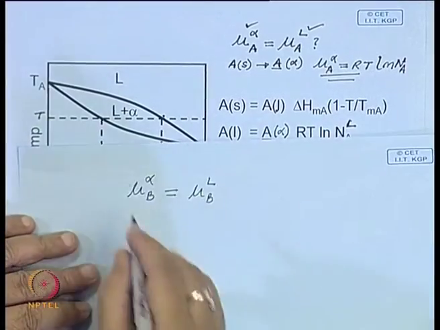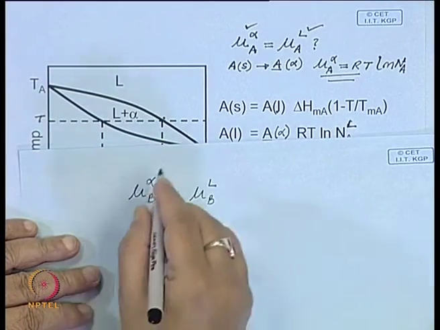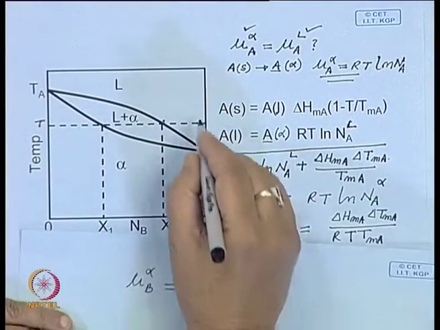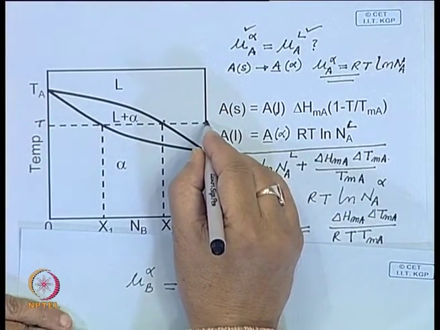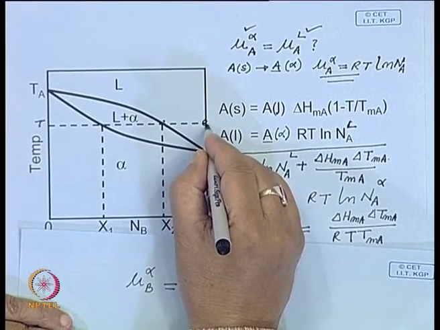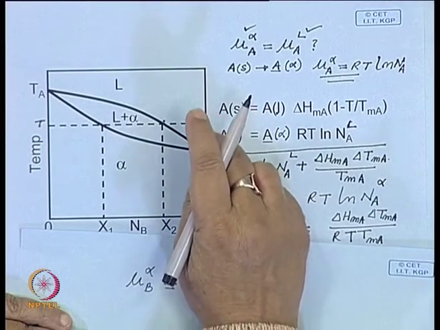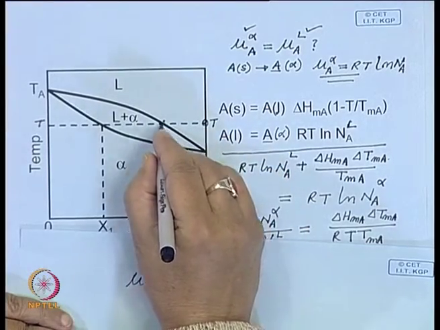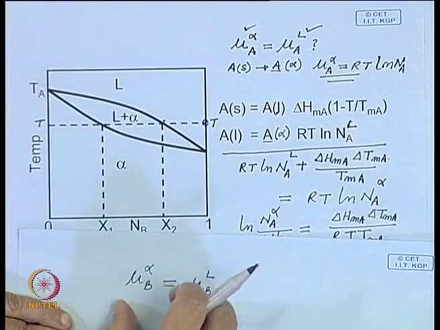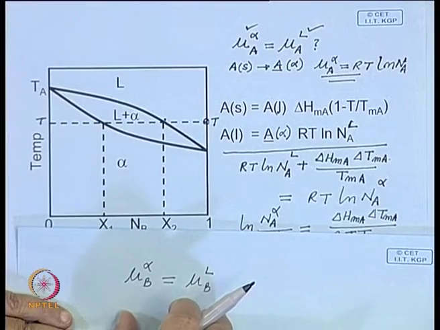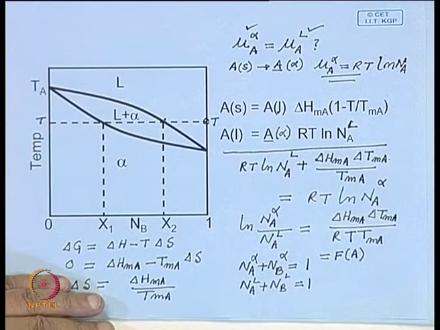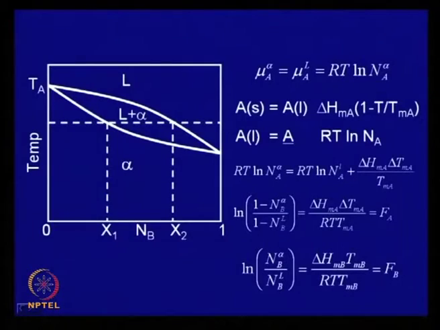In this case you also have to select the appropriate standard state, and here you should select pure B liquid at T as the standard state. With the same standard state you equate and formulate this equation, and if you solve it you will get the equation which is shown here.